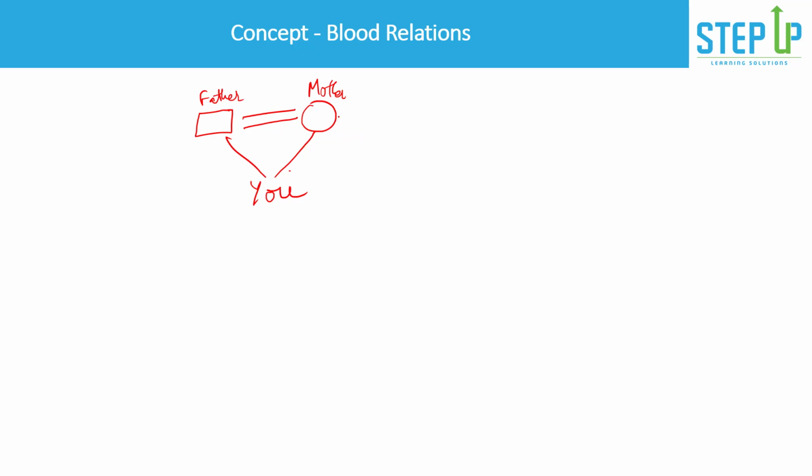If I were talking about your mother's brother, that means your uncle, we will put a sibling like this. If you have a brother, you can put it like this. You have a sister, another sibling, you can put it like this. Very simple. Your father's sister would be like this, father's brother again would be like this.